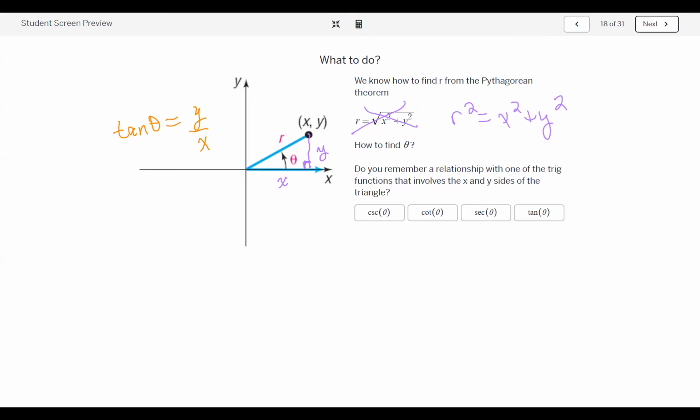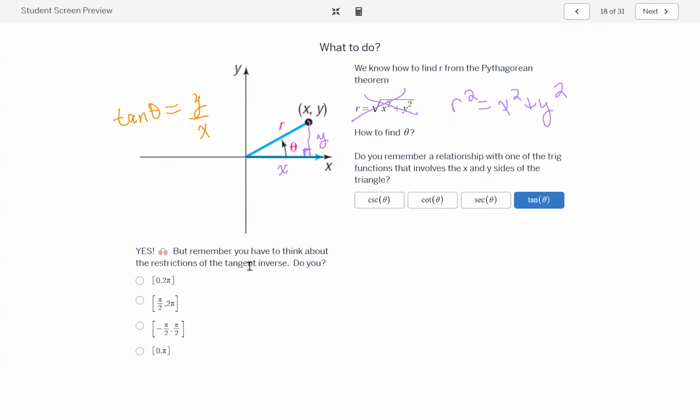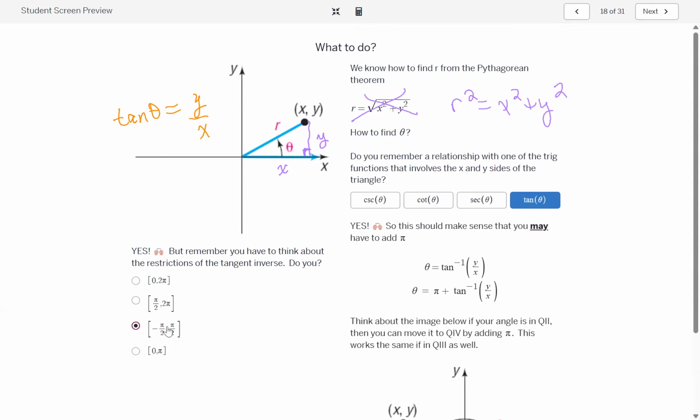We have to pay attention to whether I want the angle that the formula spat out, or the angle plus pi, and whether I want the positive radius or the negative radius. All of that depends on where the XY point is. Inverse tangent, as a function, only spits out answers from negative pi over 2 to positive pi over 2, so sometimes you have to add pi to the result that comes from the formula.